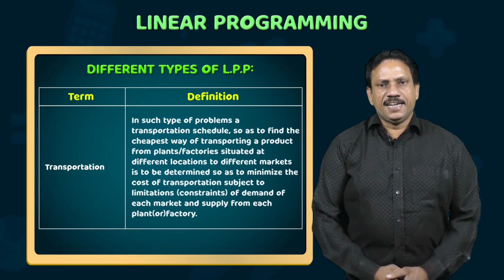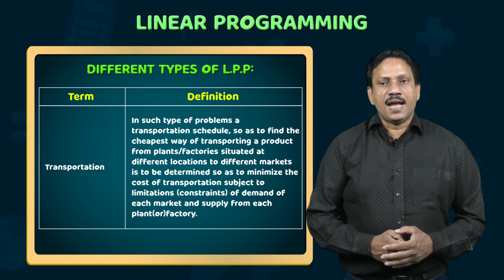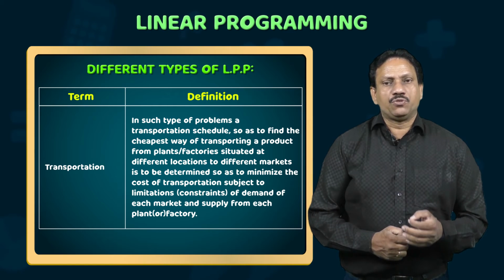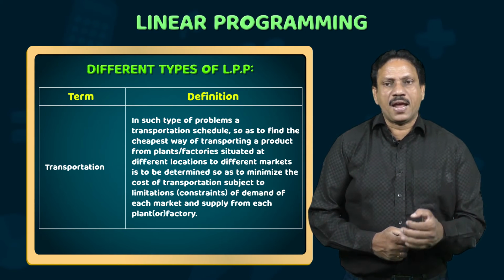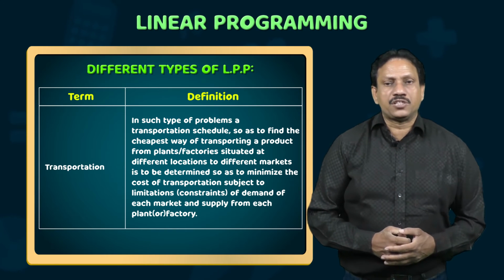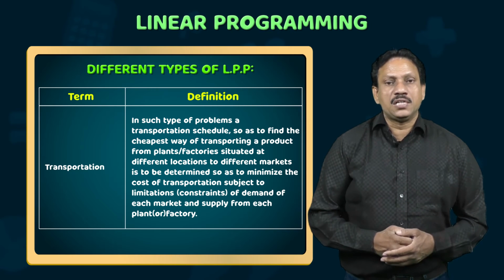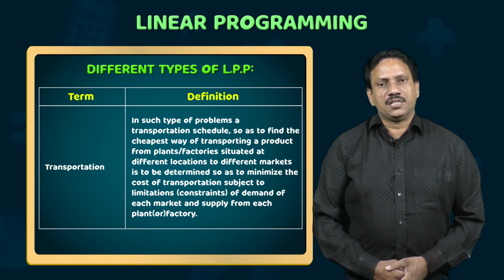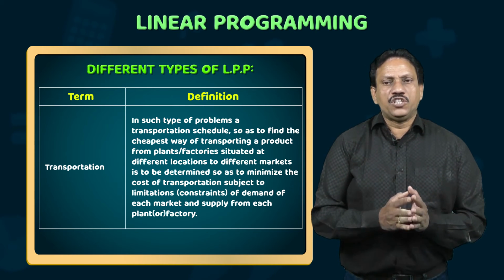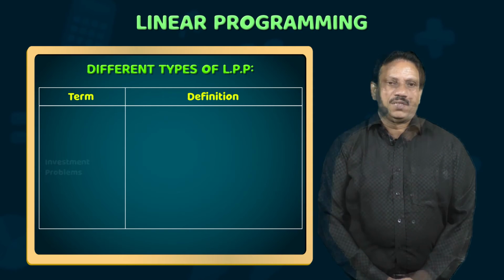Transportation: in such problems, a transportation schedule has to be found, the cheapest way of transporting the product from plants or factories situated at different locations to different markets, so as to minimize the cost of transportation subject to constraints of demand of each market and supply from each plant or factory.